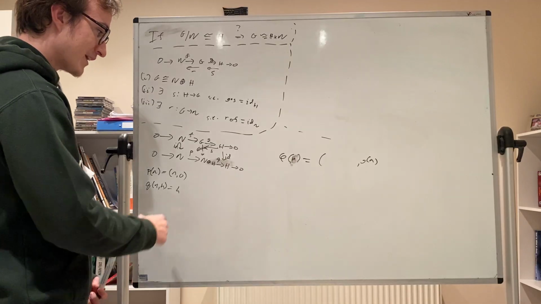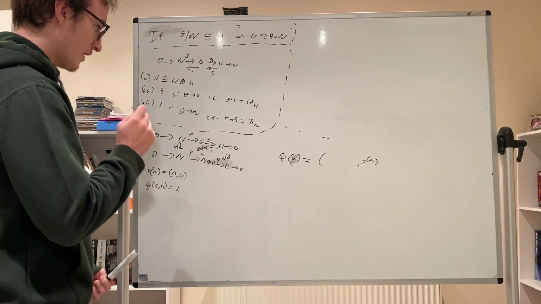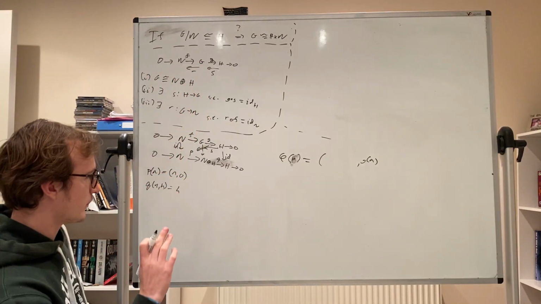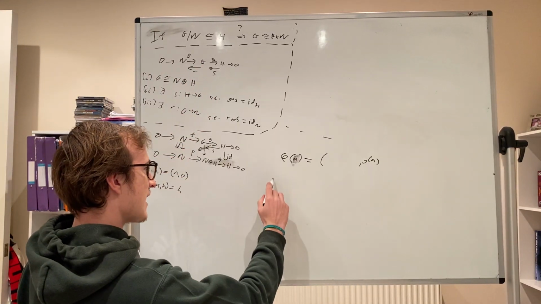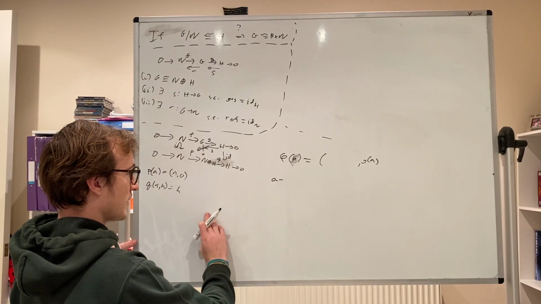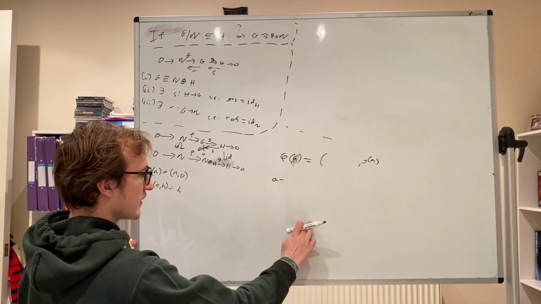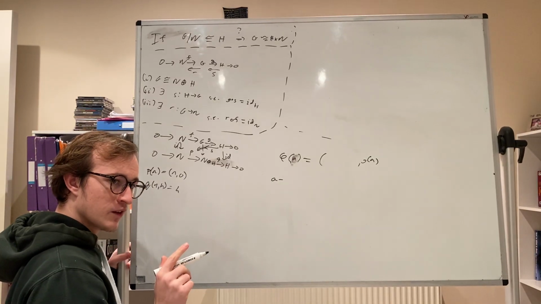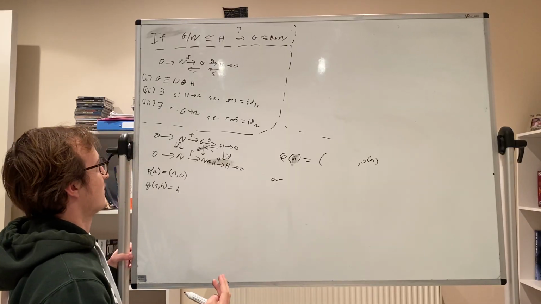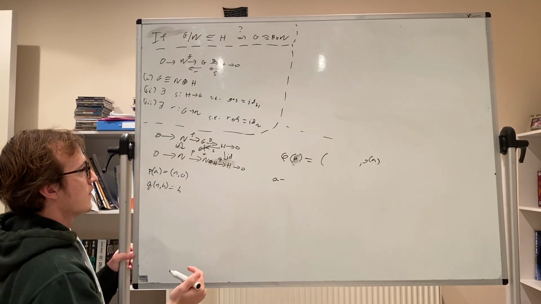So how can we get into the kernel of g? Well, that's a good question. What we can do is take, for some element a, a minus something so that the g of that thing is a.